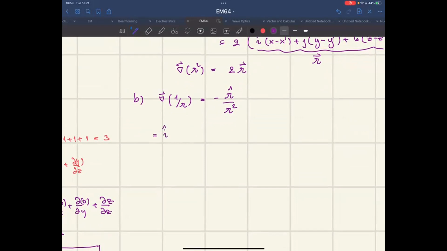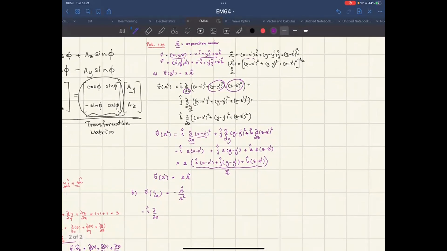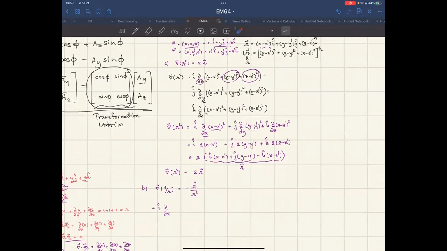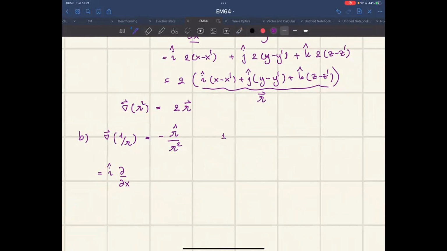So we write down i and d by dx, right? And we have 1 over r. So what is r? r is this one here. So 1 over r equals what?